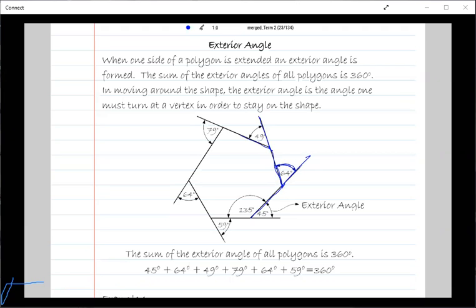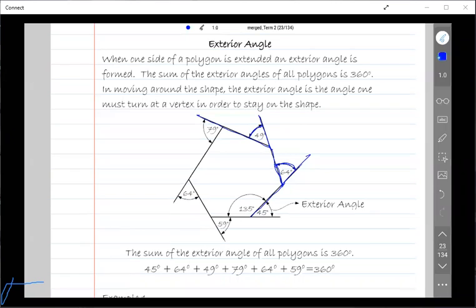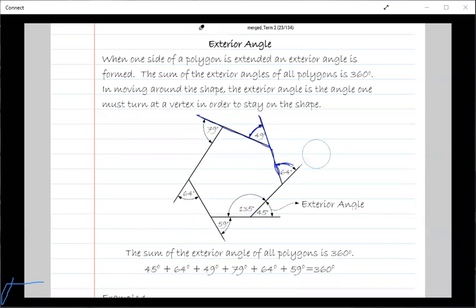Now, that angle that you have to turn, in order for you to stay on the shape, is called the exterior angle. How do you get the exterior angle? If you extend one side, so if I extend the side, the angle here is the exterior angle. That angle is also the angle you have to turn in order to stay on the shape.